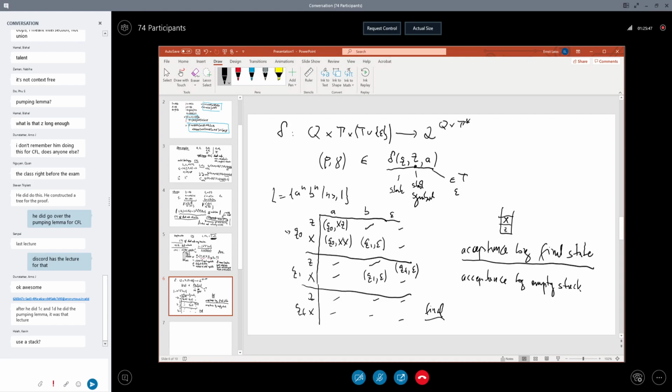And if you look at this example that I've given you for a to the n, b to the n, this actually clears out the stack as well. It does not just get you to the final state, qf. It also clears out the stack, because the only way in which you can get to that final state, qf, is by taking this move, having z on top of the stack, being in state q1, consuming epsilon, and then you replace the z by epsilon, which means the stack is empty.